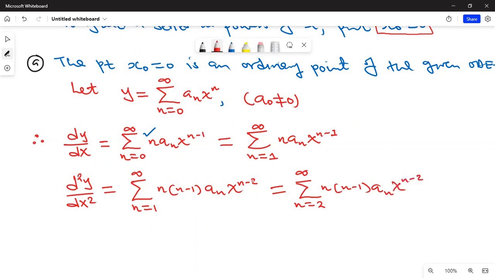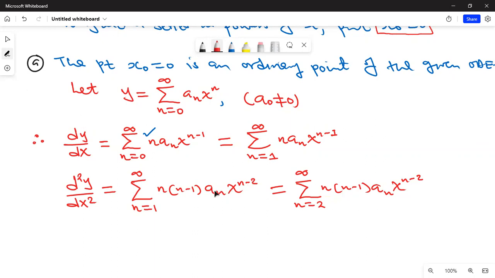I hope you know why I'm shifting from 1 to 2 in this case: when the first term is 0, it is better you start from the next term. It's still the same. See, when you say 0 plus a constant, you get the same constant. Or 0 plus any other function, you get the same function.